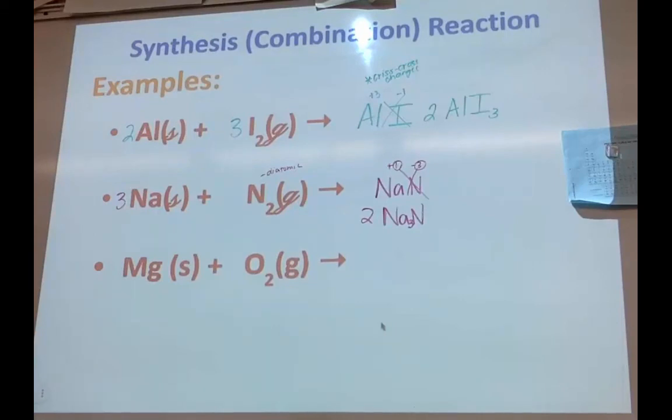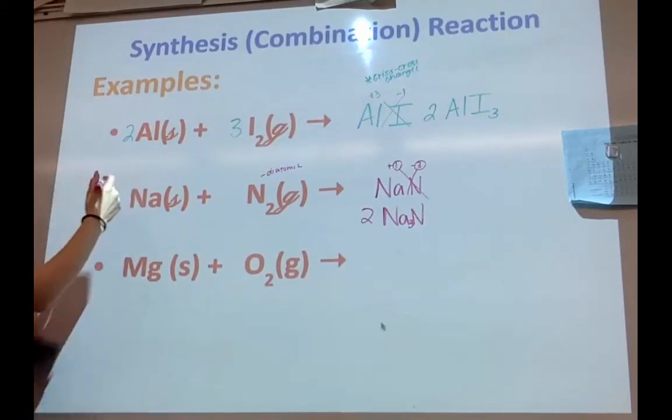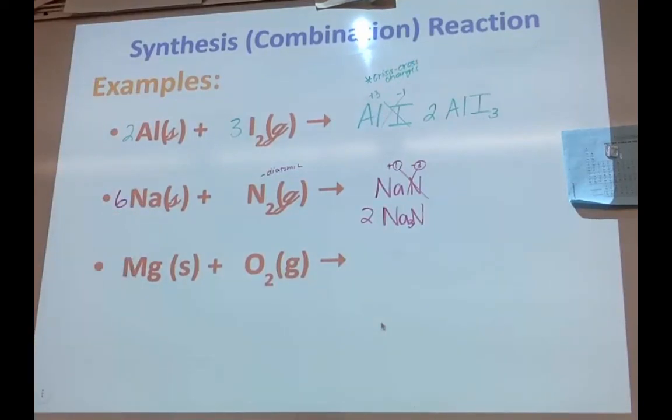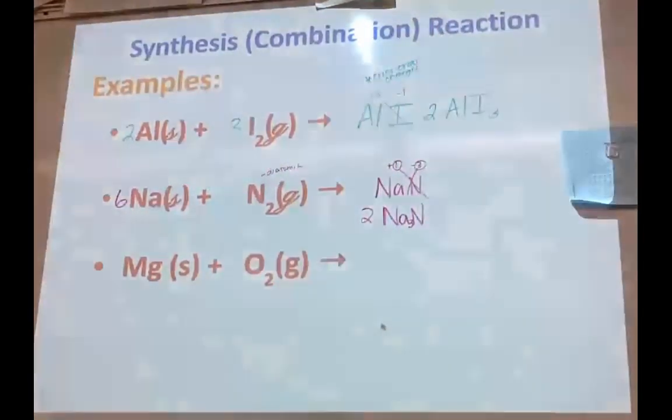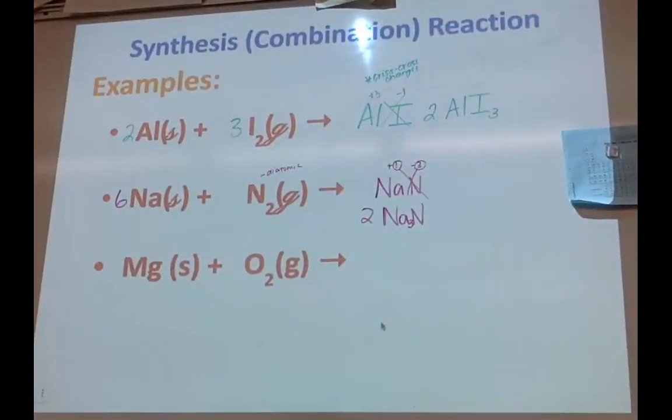But now putting a 2 in front means that this is no longer a 3, but instead it's a 6. And then this third example wasn't in the notes, but this is what happened when we combined magnesium and oxygen in the back. Okay, so these are the first 2 types of reactions.